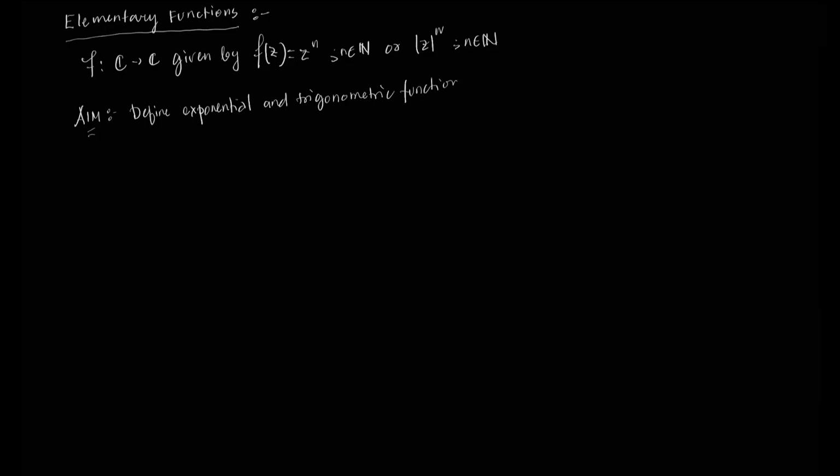Now first of all, let's just see in the reals. Let me motivate you here. Let's say f is from R to R, and you are looking at a function such that f prime of x is always equal to f of x. Essentially, the derivative of f is f of x itself, such that f at the point 0, at the origin, takes the value 1.